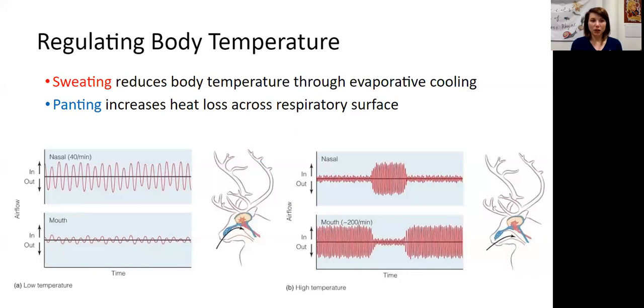One thing you can notice that's different between the graph on the left and the right is that on the left, they're breathing through their nose more. And on the right, they're breathing mostly through their mouth, except for a little minute in the middle there, where it looks like they closed their mouths and were breathing through their nose. And then they open their mouths back again. So in order to get the maximal amount of heat exchange, you're going to see this panting behavior at a really high rate to maximize how much heat is ultimately going to be lost there.